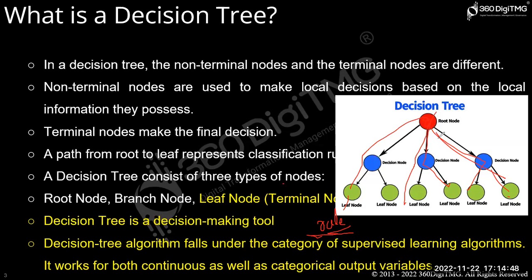So these are the 3 components we'll have: root node, decision node, and the leaf node.